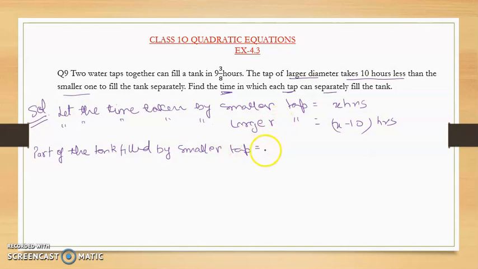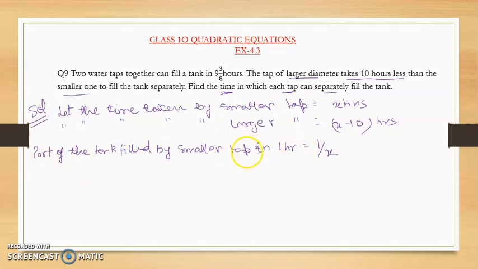The part of the tank filled by the smaller tap in 1 hour is equal to 1 upon x. If you remember the relation between time and work, they are inversely proportional. So that is why 1 upon x. We will take the part of the tank filled by the smaller tap in 1 hour as the reciprocal.